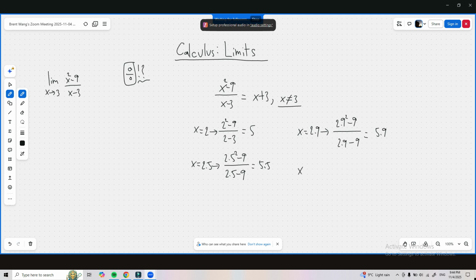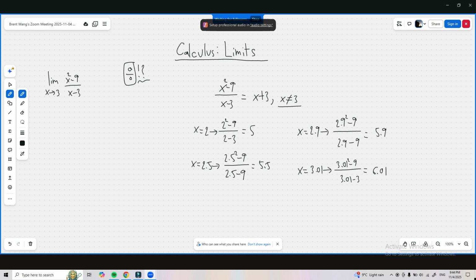And if x is equal to, let's do something slightly over 3, if it's 3.01, really close to 3, you'd have 3.01 squared minus 9 over 3.01 minus 3, and this would equal 6.01. So we can see that we're getting really close to 6, but we don't actually touch 6.